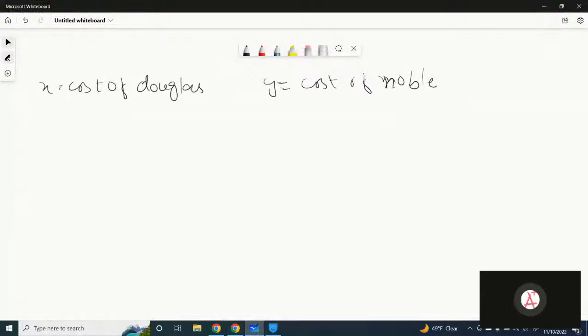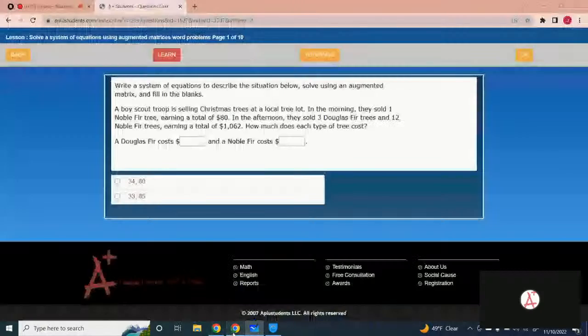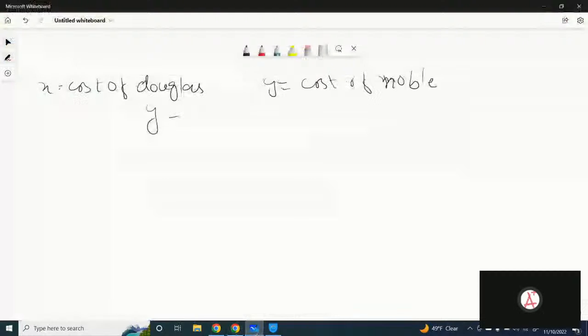Got it? Okay, so the first equation would be, they sold one noble fir tree earning $80. So Y is for the noble, so it would be Y equals 80. And the second equation is 3x plus 12y equals 1062.